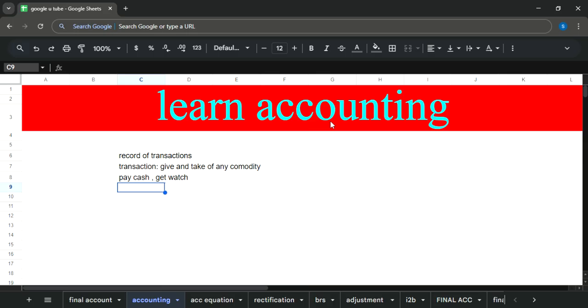Once again, I'm telling you the same thing. You are buying a simple commodity. Say the price of that commodity is 10. This would be considered the cost of that commodity.